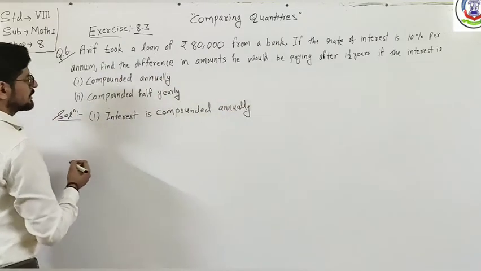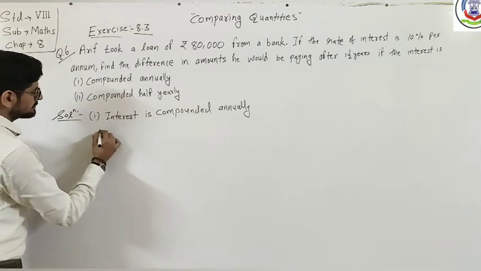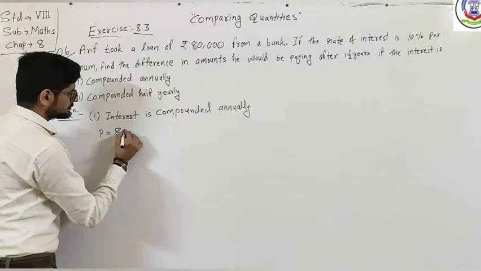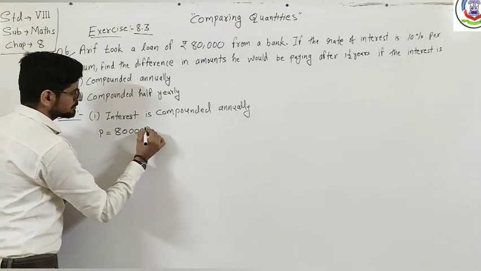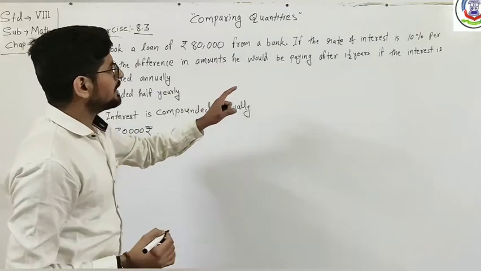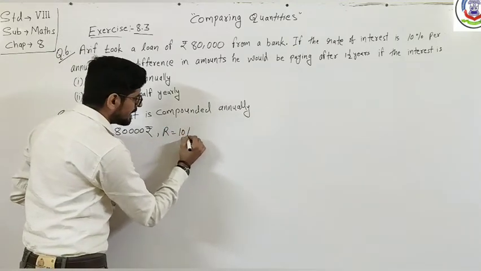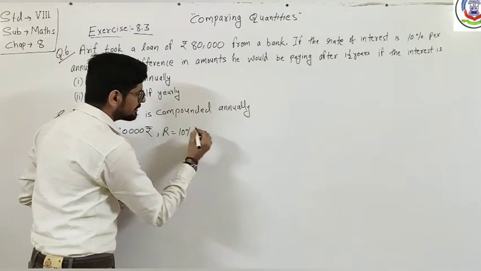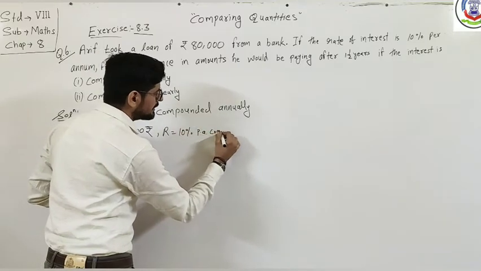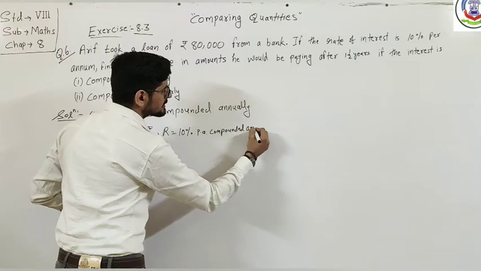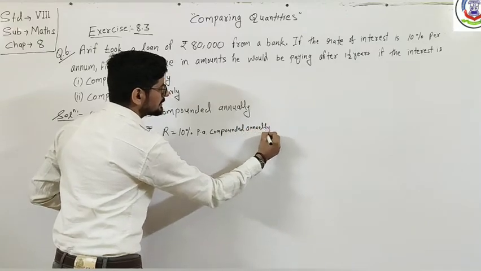Clear? So P हमें क्या गिवन है? P is equal to 80,000 and rate of interest that is R हमें गिवन है 10% per annum and which is compounded yearly or we can say annually.